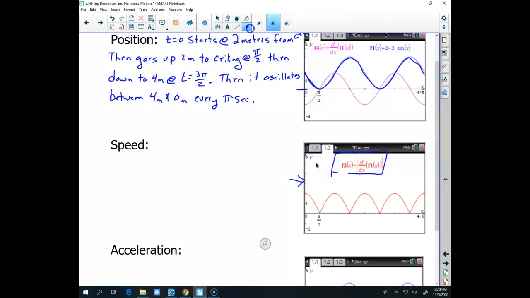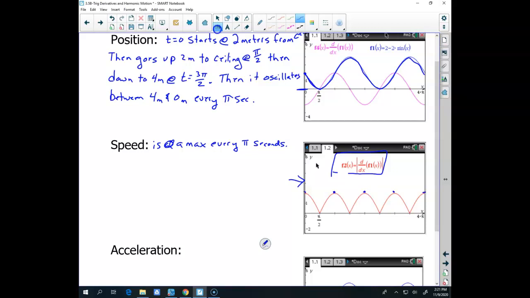What do I see? The speed is at a max every pi seconds. Because here's the speed, maxing out, maxing out, maxing out. There's my speed.